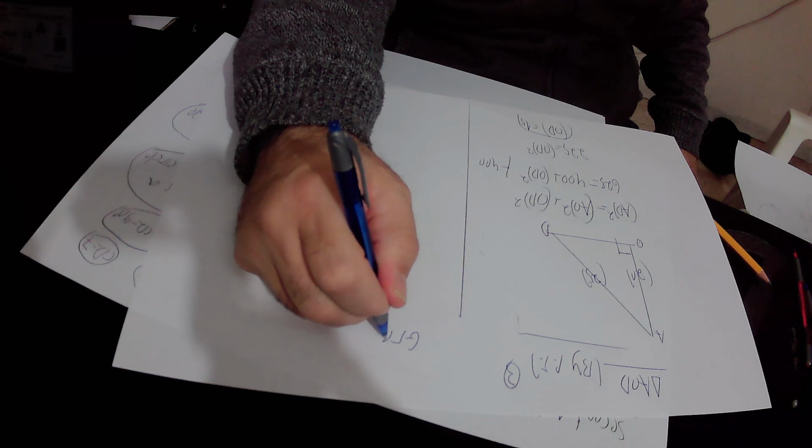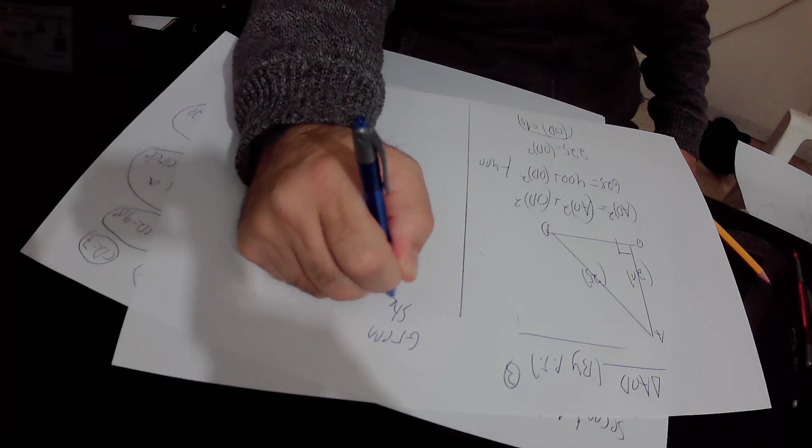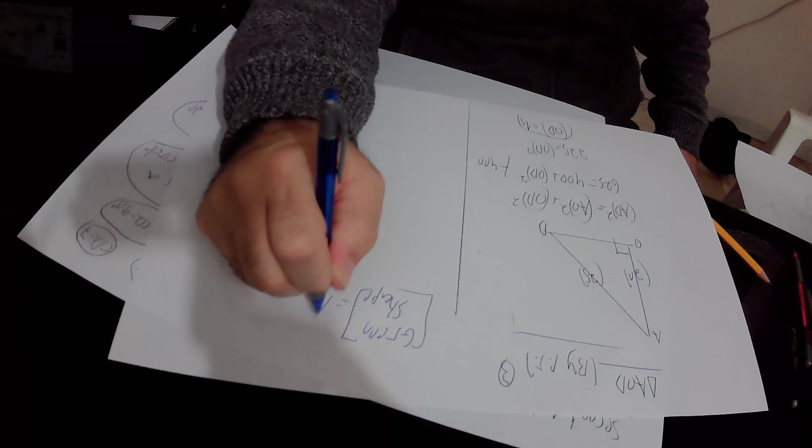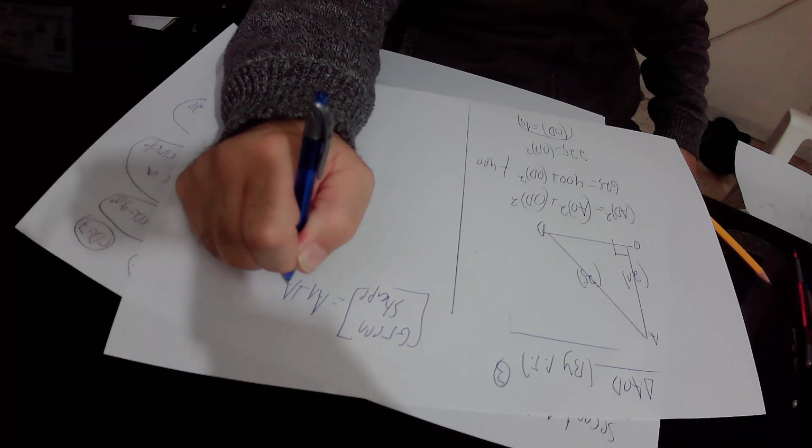In total, the area of the green shape is equal to A1 plus A2.